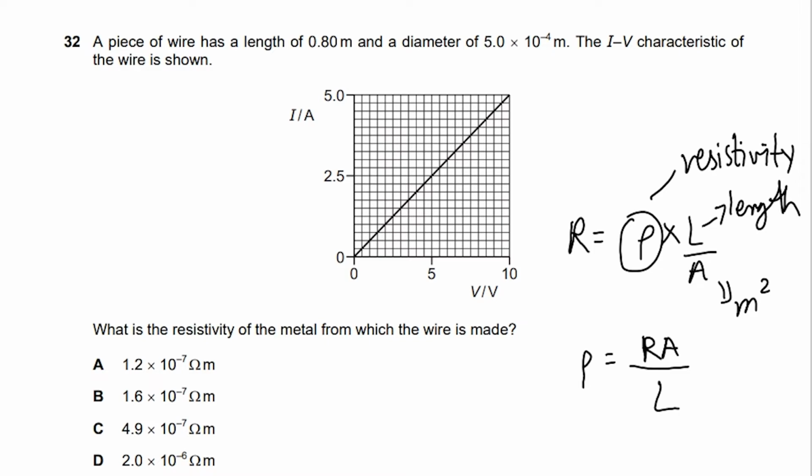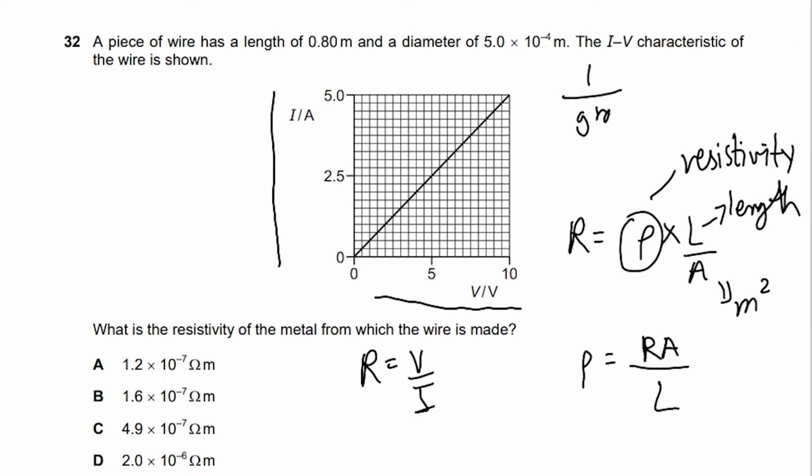So the formula for resistance is V over I. Now you can use this formula. You can use the values from this graph to find the resistance. Okay, you can either use the formula 1 over gradient, since gradient is y values upon x values, and they have made current the y-axis and potential difference the x-axis.